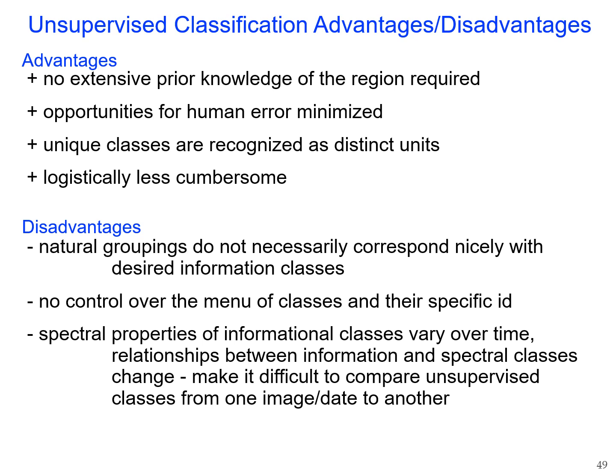The disadvantages: natural groupings do not necessarily correspond nicely with your information classes. You have no control over the menu of classes and what their identification would be. And the spectral properties of information classes vary over time and between scenes.